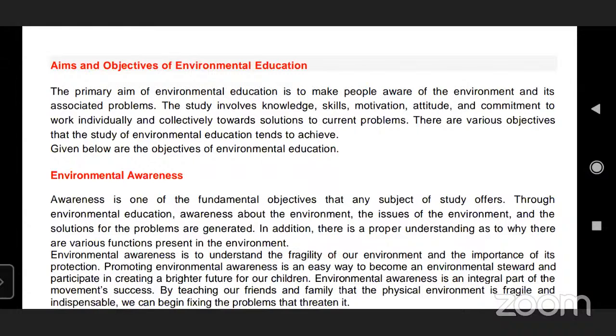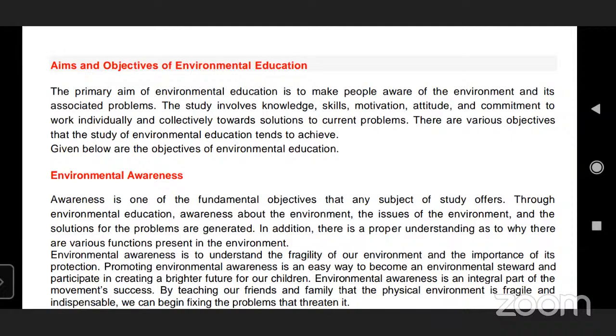We should make people aware of the environment and its associated problems. What are the problems associated with the environment?